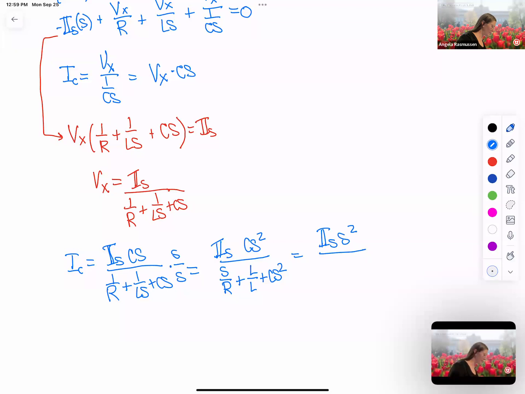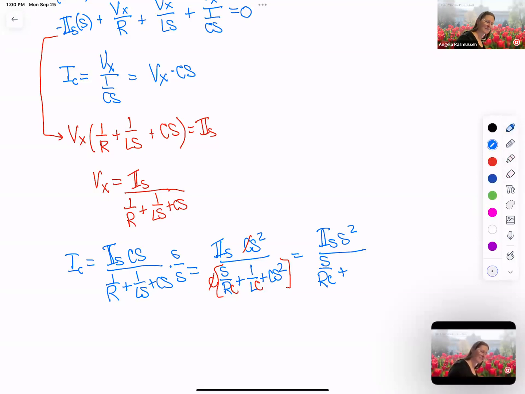And then if I bring out the C, they'll cancel. So I can bring a C out from the bottom and the top, and they can cancel. So if I do that, then this term down here has to be divided by C, divided by C. So this becomes S over RC. This is a 1.